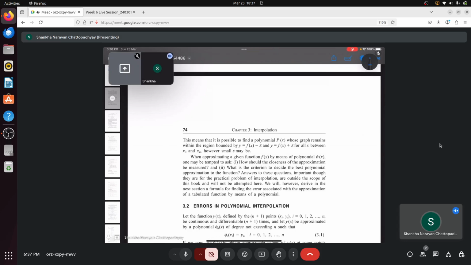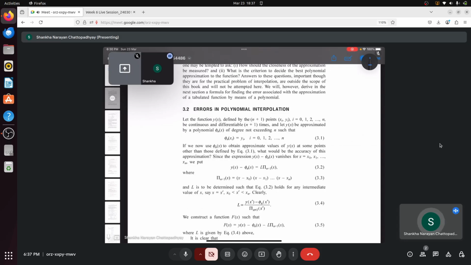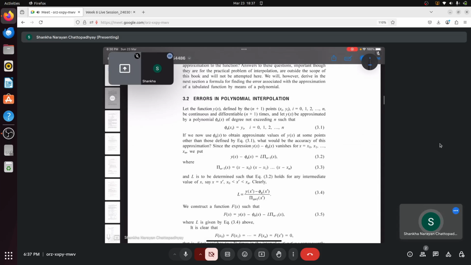Next, errors in polynomial interpolation. I will not go into the detailed derivation part. Follow Sir's notes. Whatever numerical analysis we perform, we are always bound to make some errors, and our aim is to minimize the error.